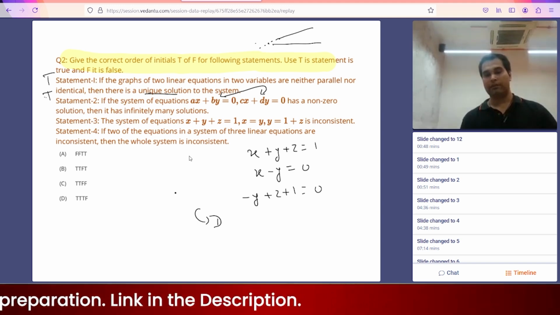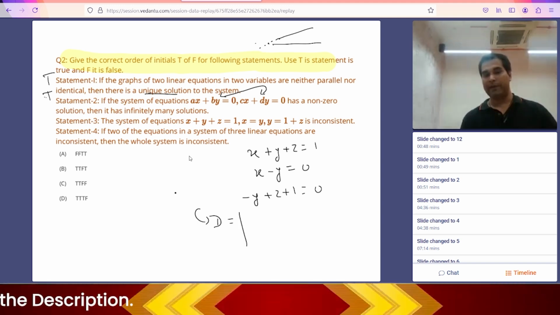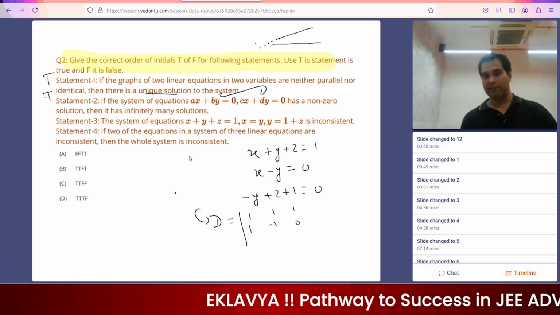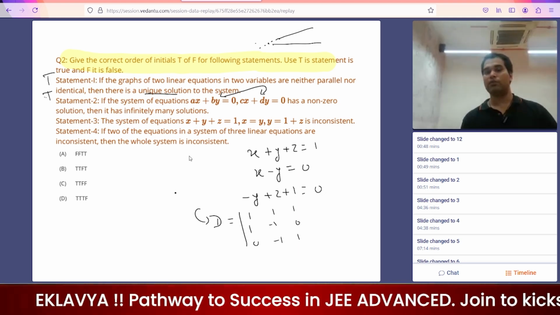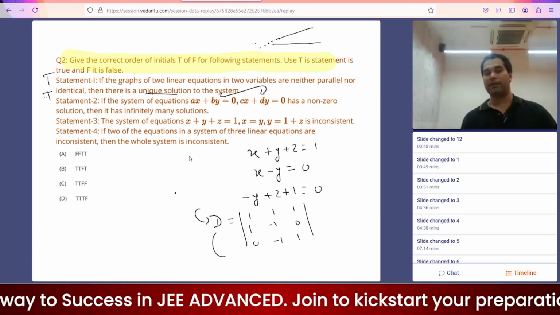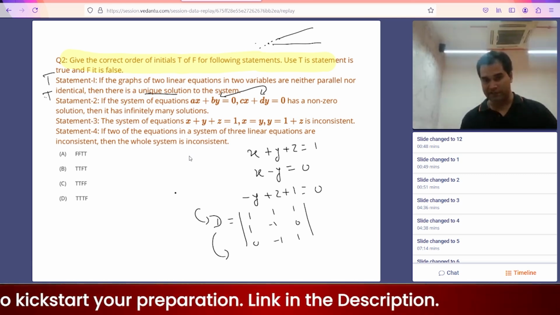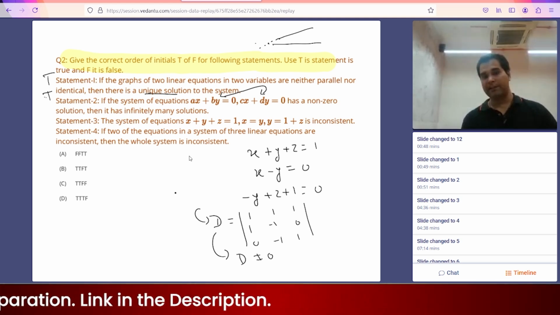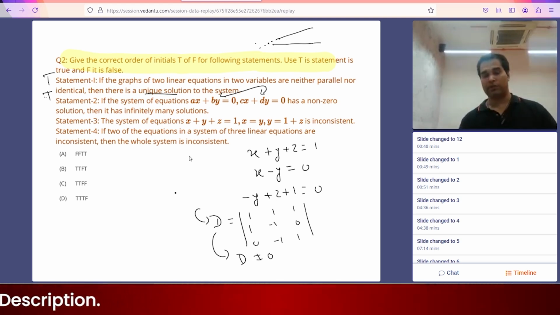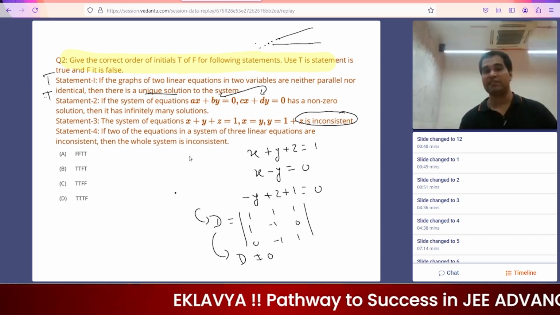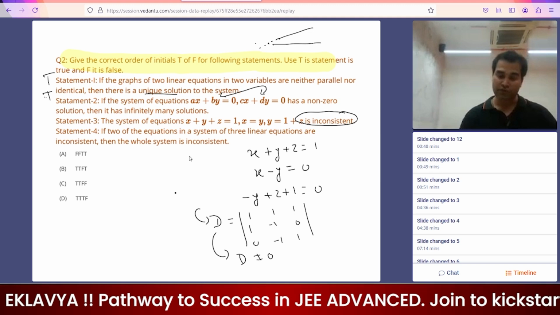Here, using Cramer's rule, we find D, meaning the coefficients of x, y, z: 1, 1, 1; 1, minus 1, 0; and 0, minus 1, 1. If we expand the determinant, we can easily see D is not equal to 0. If D is not equal to 0, this means there is a unique solution. But here it is given as inconsistent, meaning no solution.